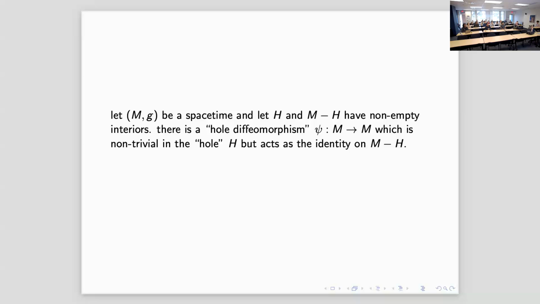There is a hole diffeomorphism from M to itself, which is non-trivial in the hole H. It's not the identity map in that region, but it does act as the identity map outside of H, outside the hole. So certainly, given any spacetime, one has all sorts of these types of diffeomorphisms that one could set up.